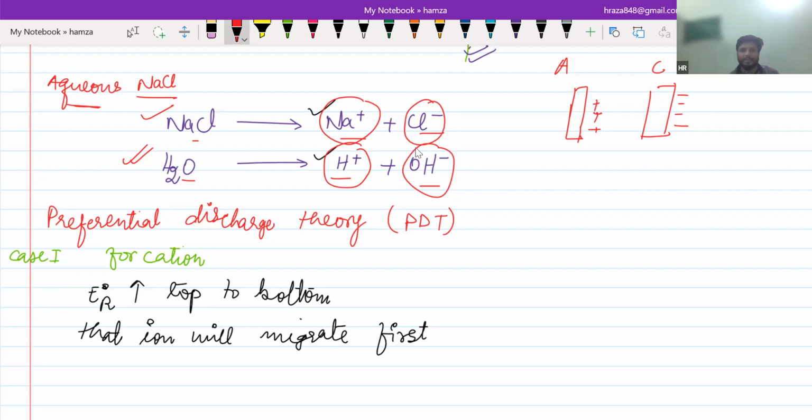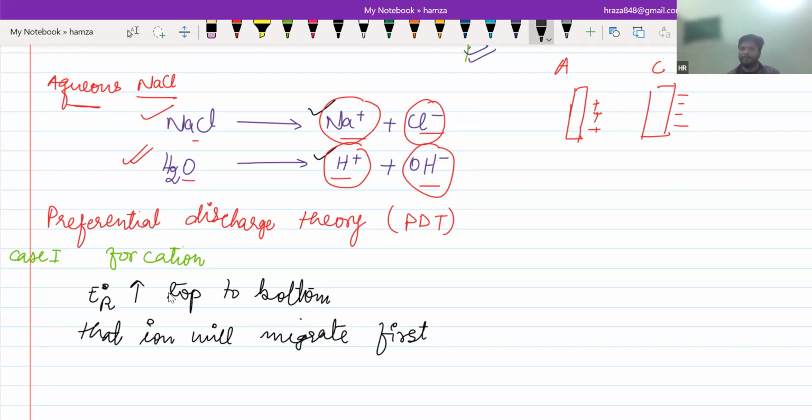So there are two cases, for cation as well as anion. For cation, if we have two options, Na+ and H+, we will go by the value of E naught R. Whichever has the greater value of E naught R will migrate first and go to cathode.